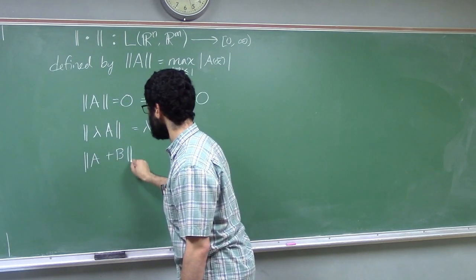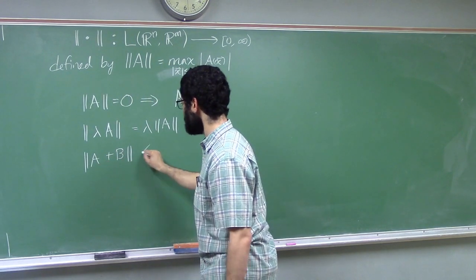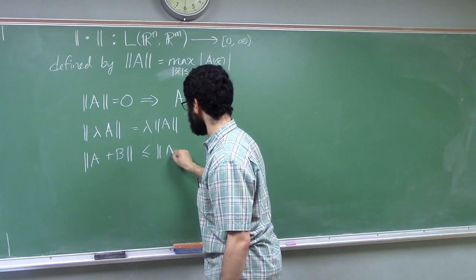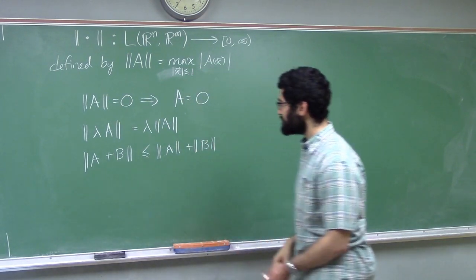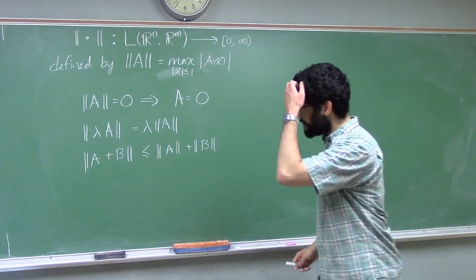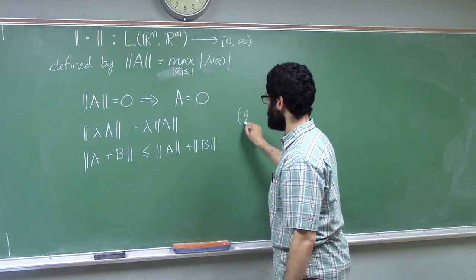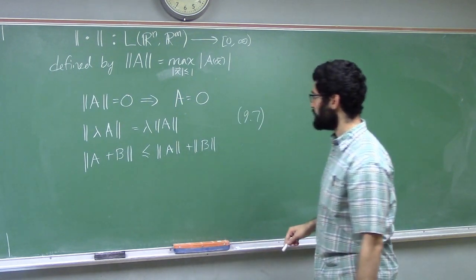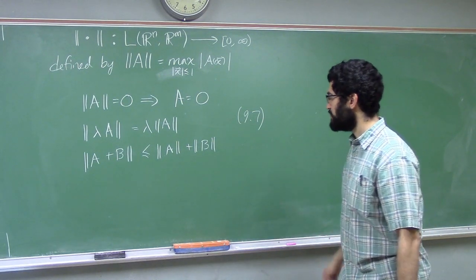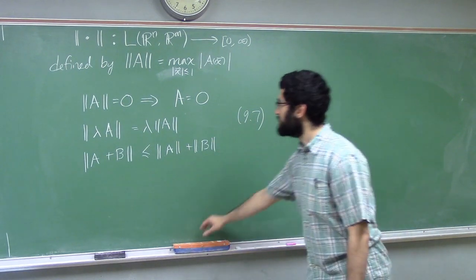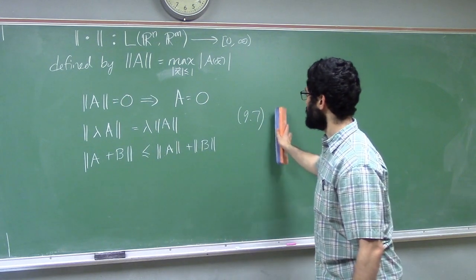If you take two linear maps, pointwise add them and then take the norm, that's bounded above by the sum of the norms. This is all item 9.7 in Rudin. You can read through the justification of these if you want, but let's do this one together. Let's prove the triangle inequality.